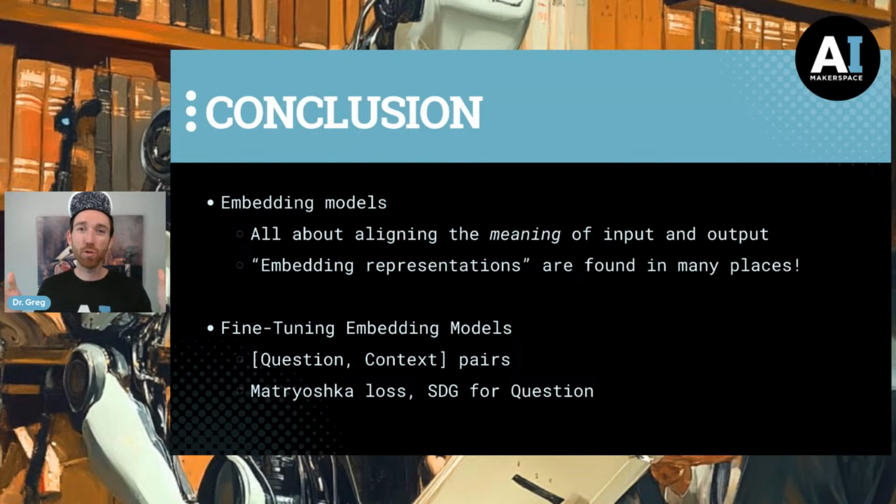Input and output want to be close in embedding space. The embedding model allows us to cast stuff into embedding space. And when we take this model and leverage what we already have by building out the dense vector retrieval system, we can actually do the fine-tuning with just a little bit of SDG to generate those hypothetical questions, getting our question context pairs and doing some good old-fashioned machine learning to up our game.